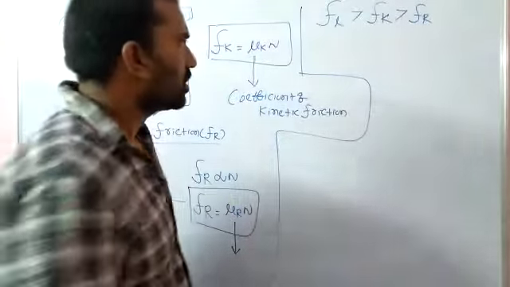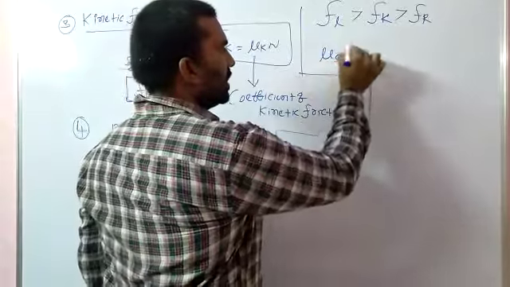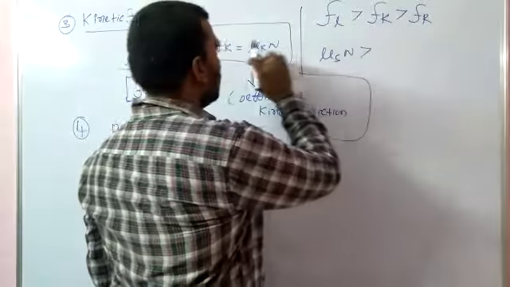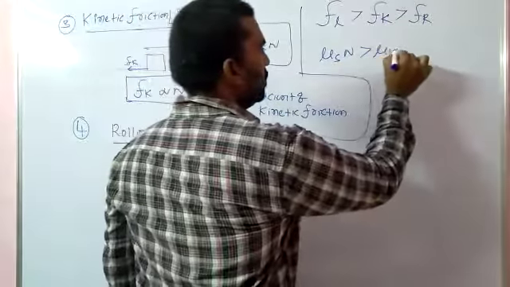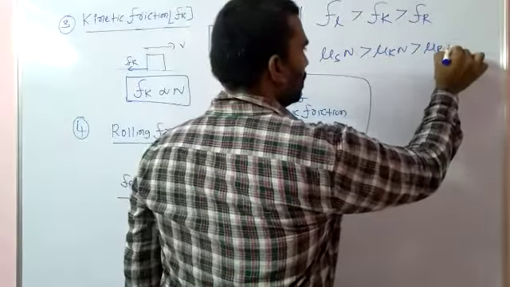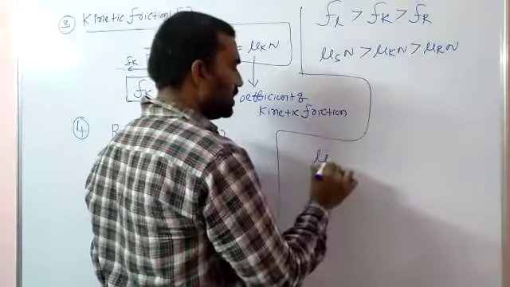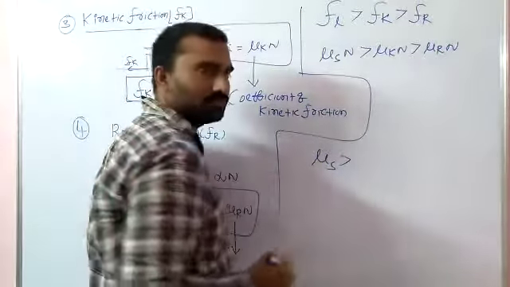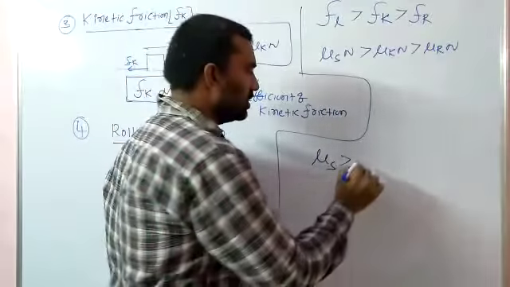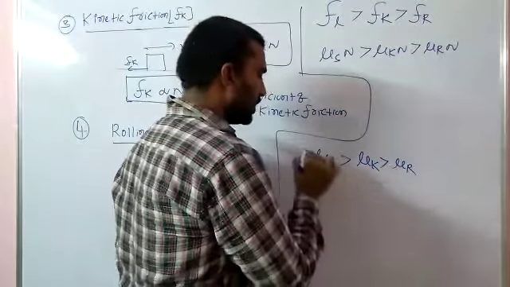What is the limiting friction formula? Mu s into normal reaction. What is the Fk formula? Mu k into normal reaction. Rolling friction formula is mu r into normal reaction. N and N cancel. Therefore, the coefficient of static friction is greater than the coefficient of kinetic friction, which is greater than the coefficient of rolling friction.